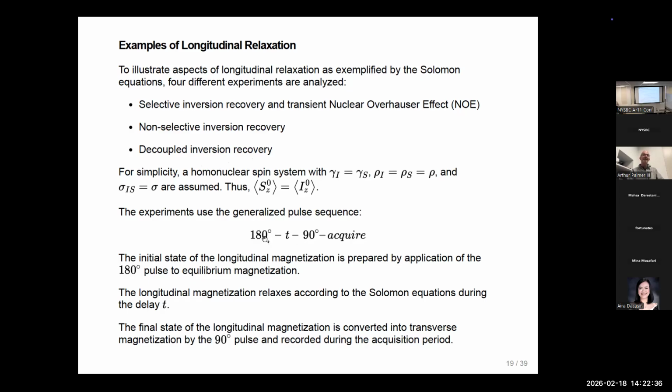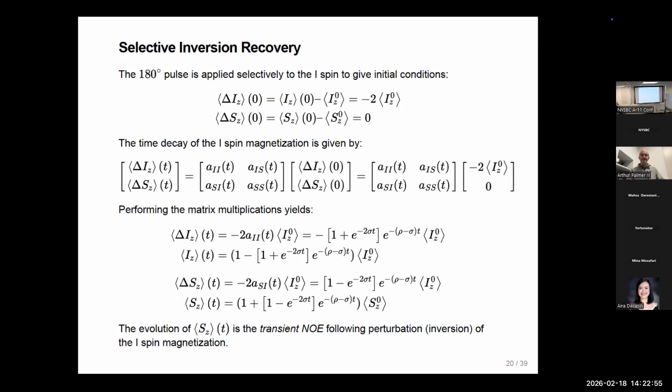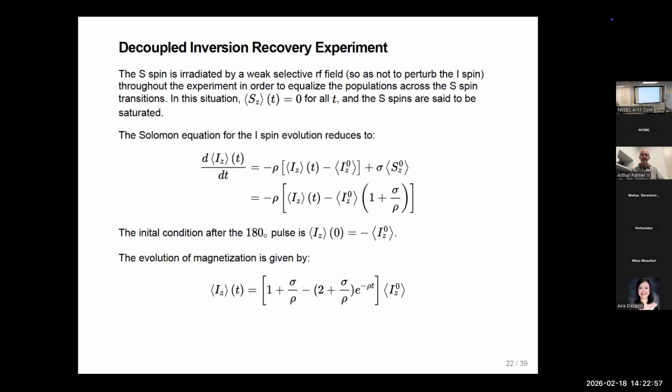Is this 180-degree pulse selective or non-selective? During this time period T, am I saturating one of the spins or not? And then eventually I'll apply a 90 to generate transverse magnetization and see what happens. Just find some pictures.